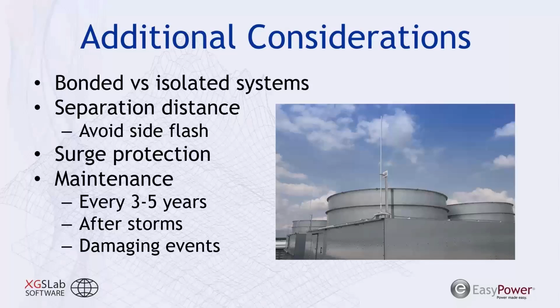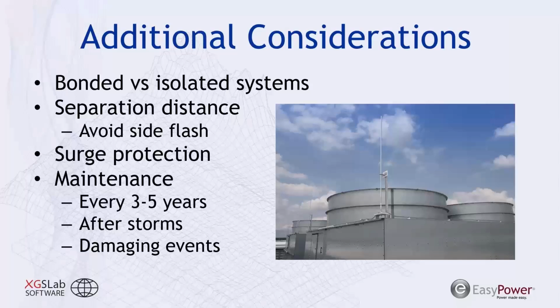You may need to create some bonding to that. Bonding could be a positive effect or it could be a negative effect because, by bonding, you may expose your structure to a portion of that lightning current. So it's something that as an engineer or a designer, you need to be cognizant of what may be best for protecting a specific type of facility.